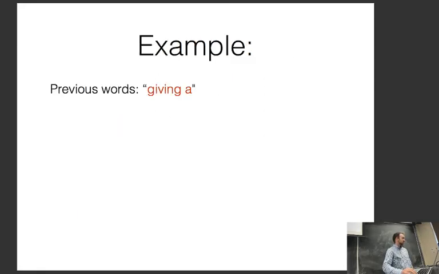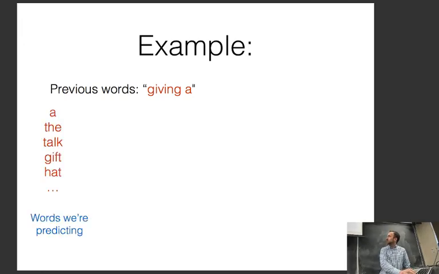So let's say we have previous words. Let's say arbitrarily we pick giving A as the previous words in our context. And then we have and, the, talk, gift, and hat. These are our output vocabulary, basically. These are the things that we could predict over.